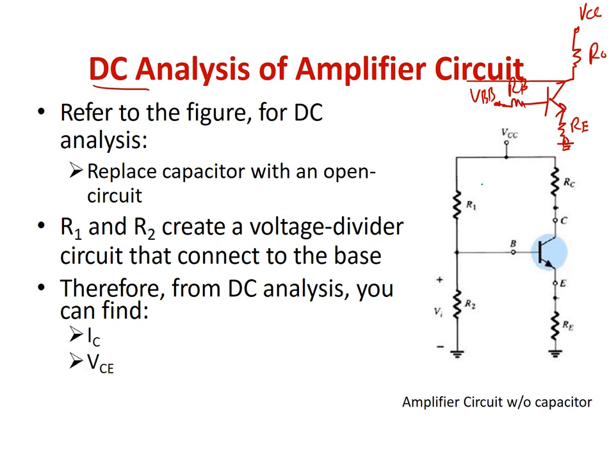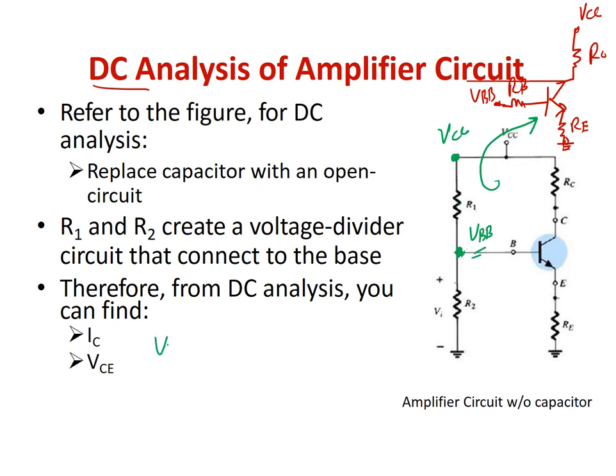To solve this, we try to convert this circuit to this configuration. How can we convert? We try to find the base voltage value here. If you look at this circuit, you are supplying VCC, of any value, and the circuit looks like this: we have VCC here, and this is R2 and R1.